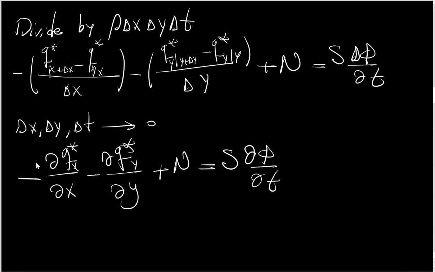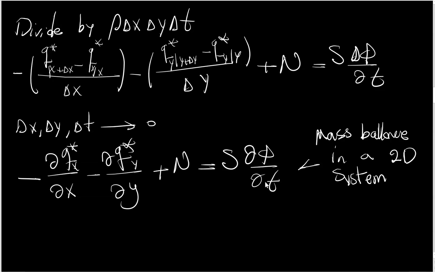Okay, so now you see that this is the partial differential equation form of a mass balance in a 2D system. Right? So now everything is in the form of Q star because these are the depth average flux, right? So we already talked about this.